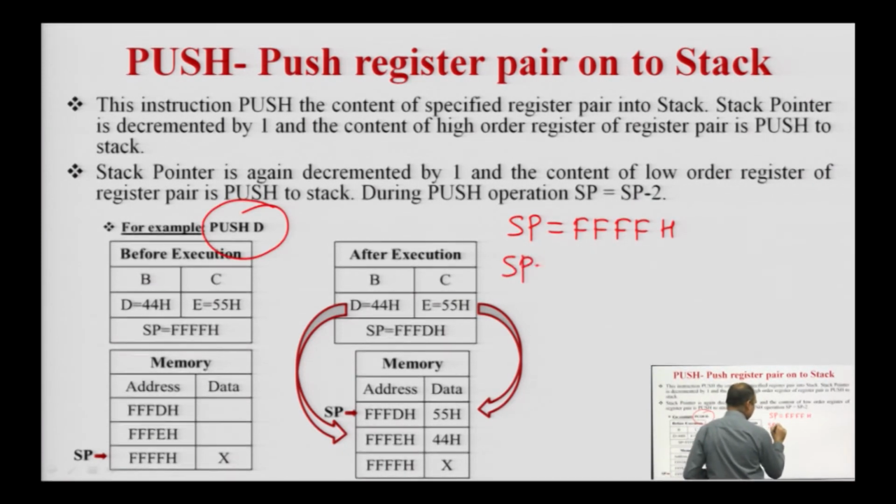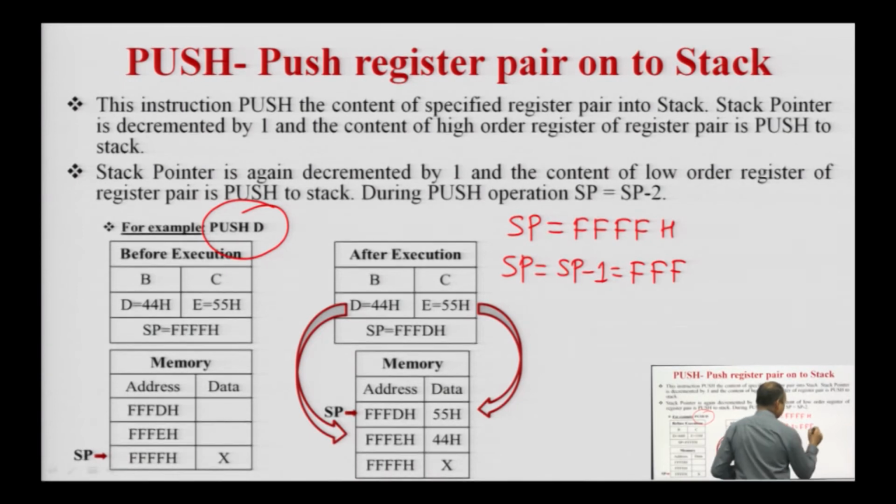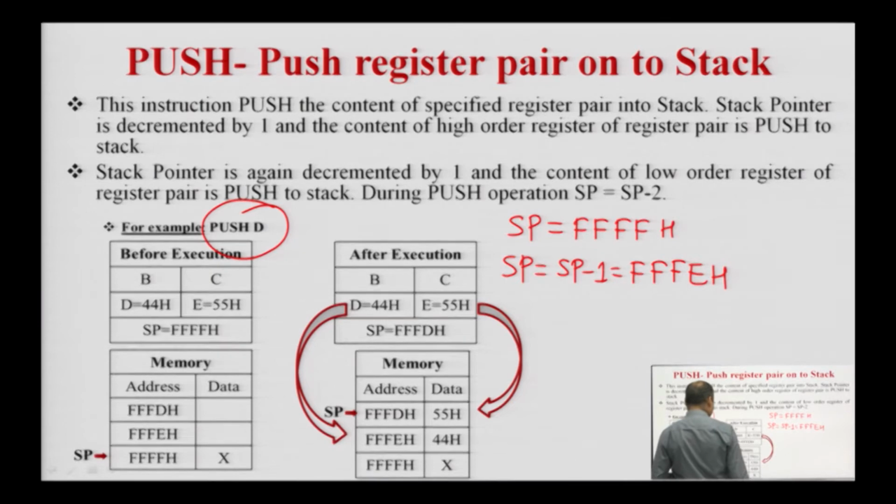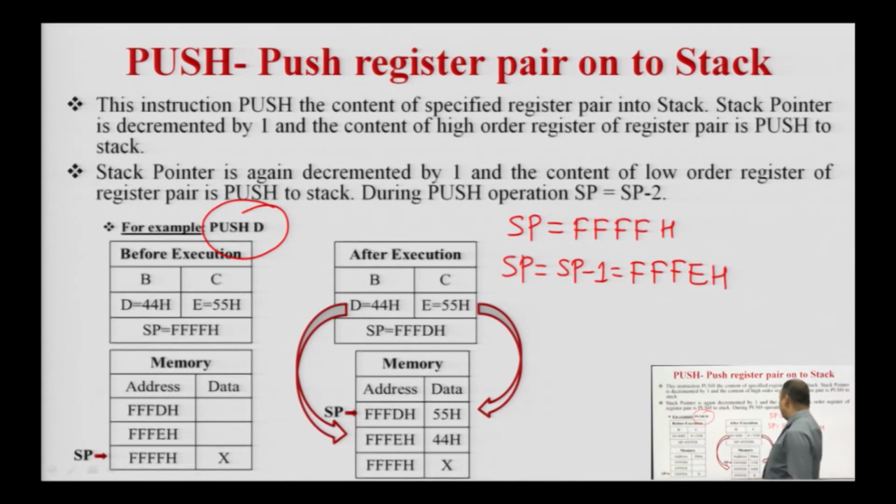So, SP equals SP minus 1, which becomes FFFEH. And it will push the content of D register, that is 44H. See here, this 44H is pushed into the location having address FFFEH.